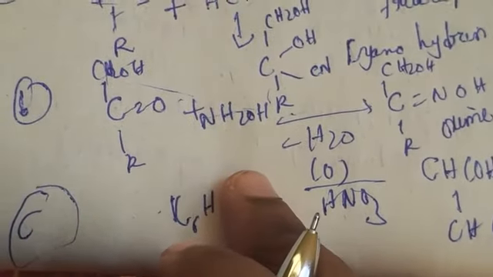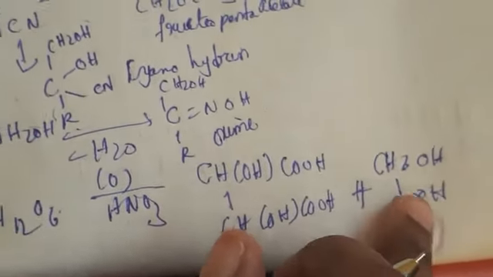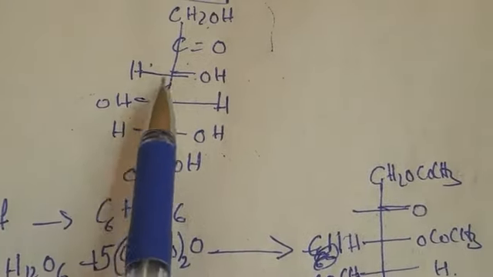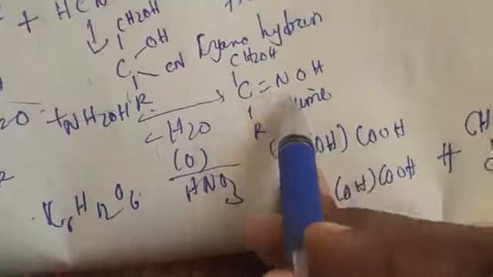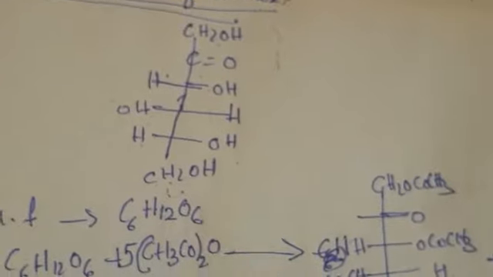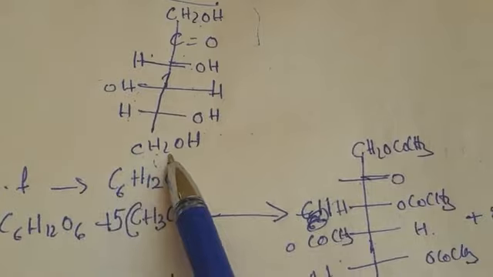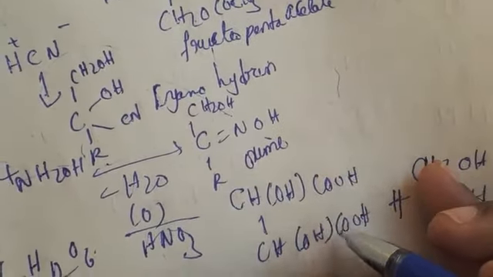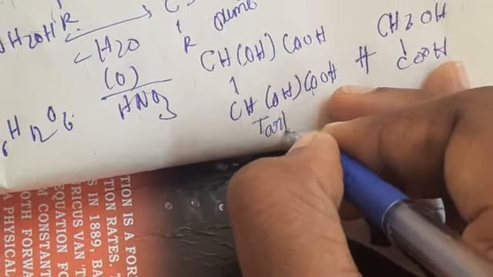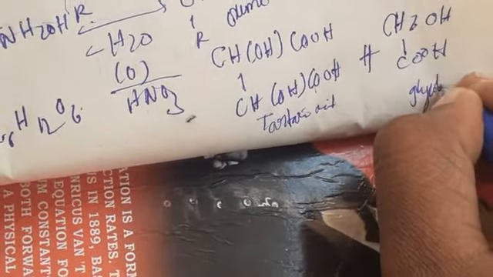Oxidation means addition of oxygens. The 4 carbons CHOH, CHOH become COOH, COOH. Total 4 carbons with 2 hydroxy groups: this is the formula of tartaric acid. And this is the formula of glycolic acid.